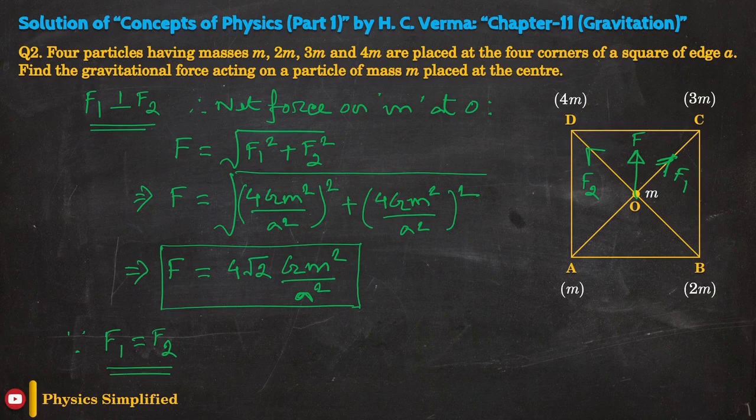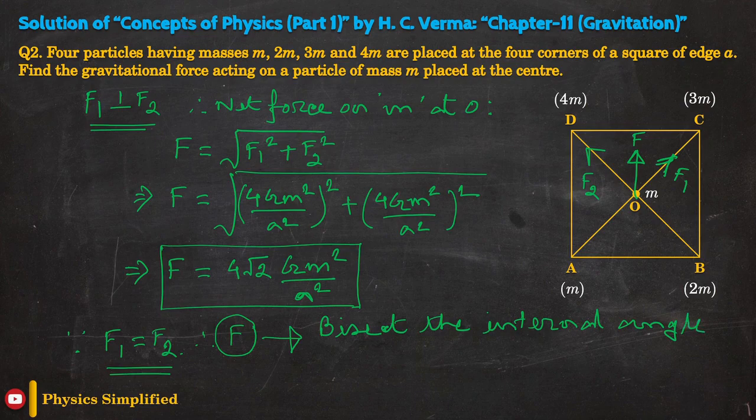Since F1 is equal to F2, this net force or the resultant force F will bisect the internal angle between F1 and F2.